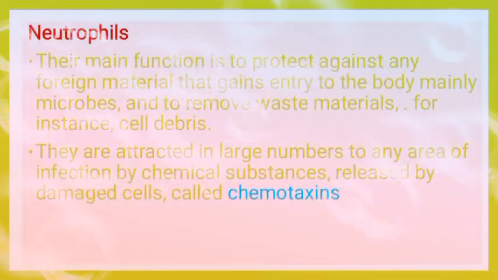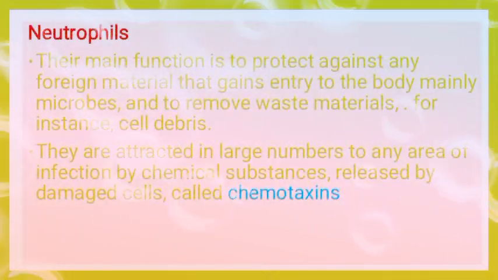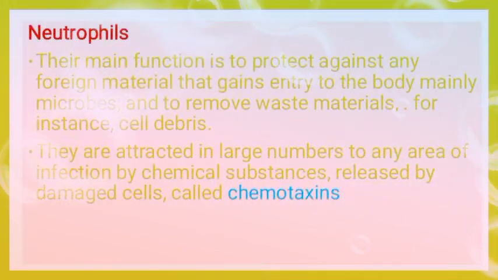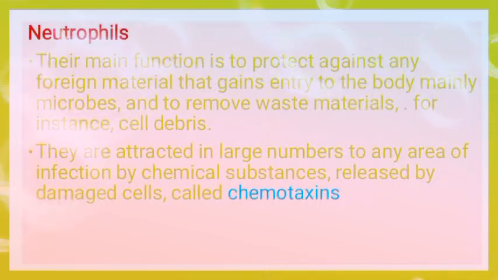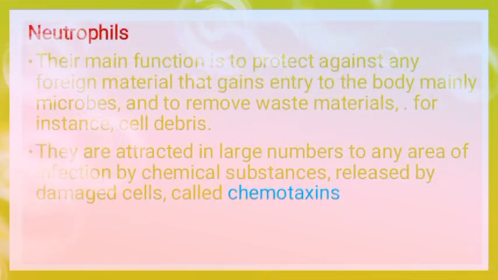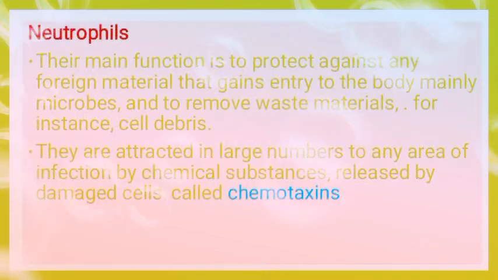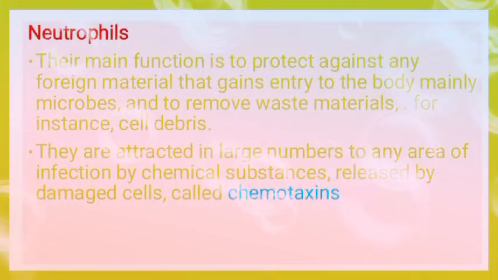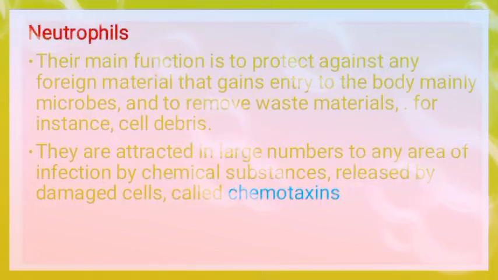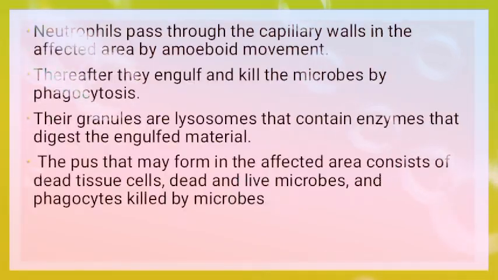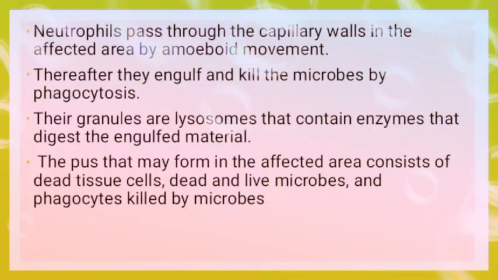And these neutrophils are attracted to the site of injury or infection by a chemical produced by the dead cells, and this chemical is called chemotaxins. So you'll be asked, what is the chemical that attracts the neutrophils to the site of injury? That's what we call chemotaxins. And neutrophils pass through the capillary walls.